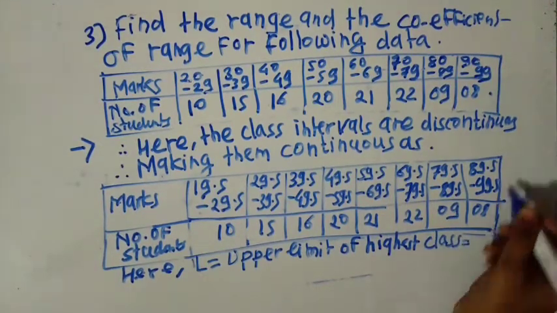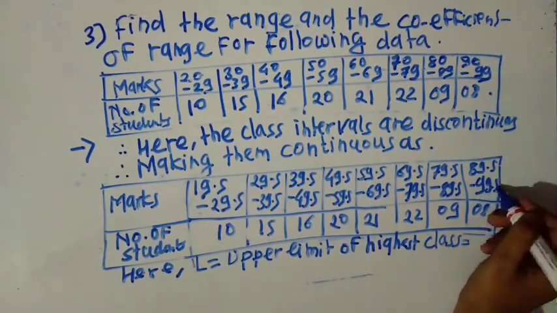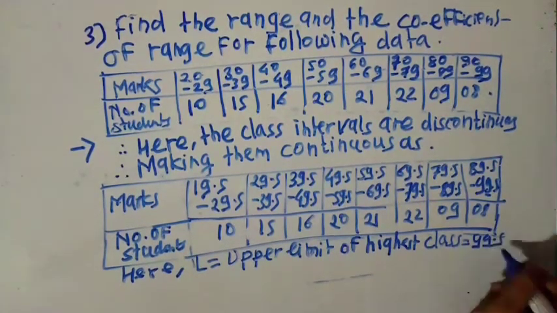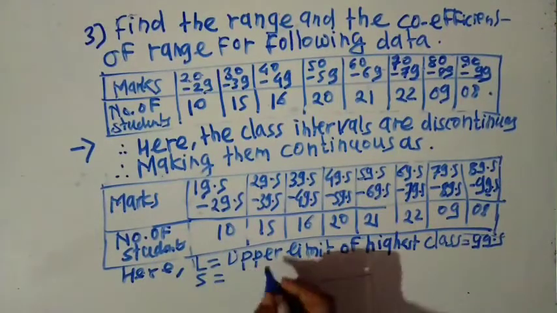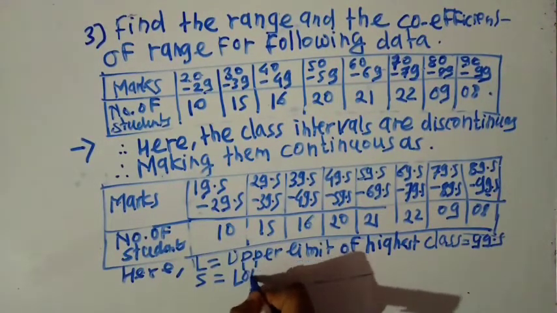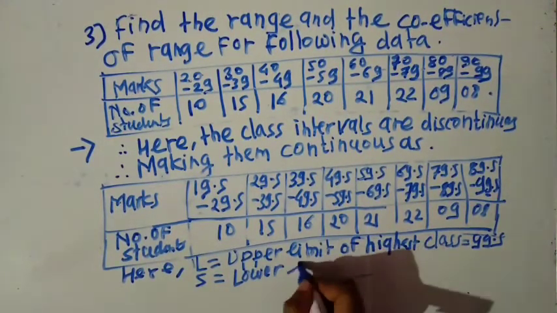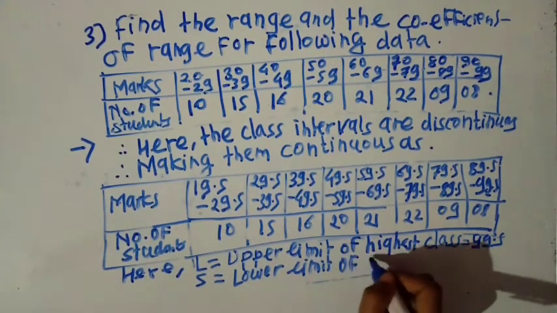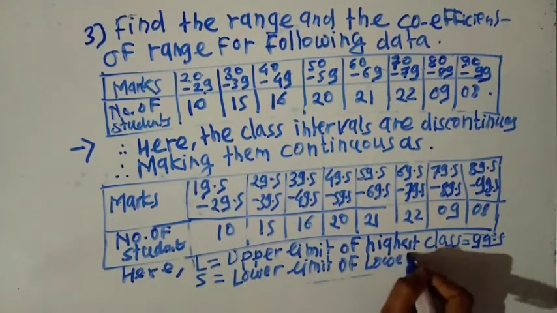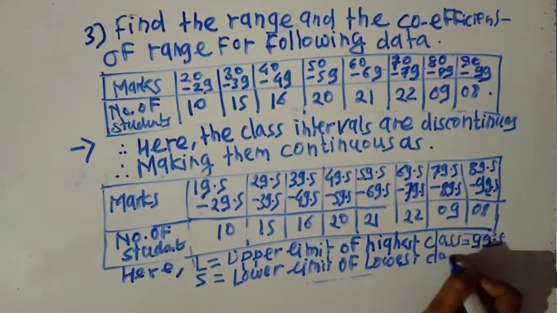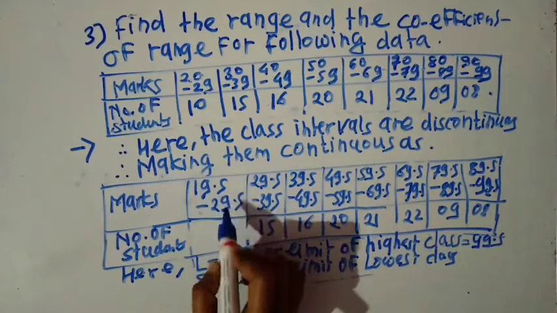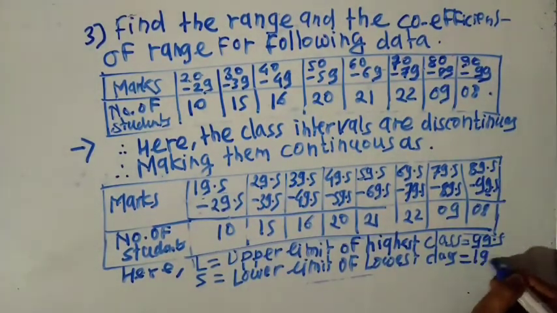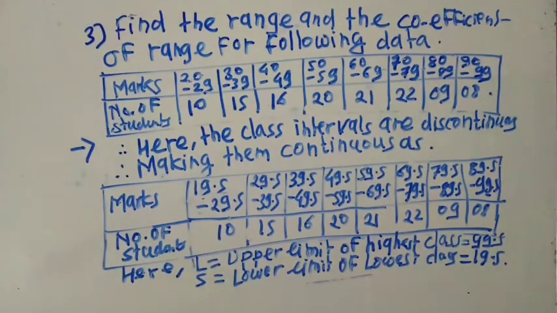So the highest upper limit is 99.5, and S is the lower limit of the lowest class. Here the lowest class is this, and its lower limit is 19.5.